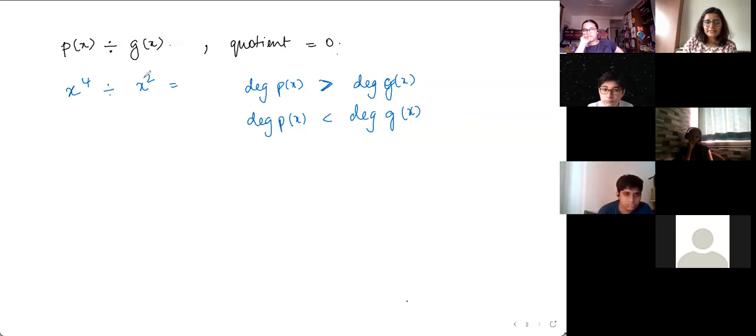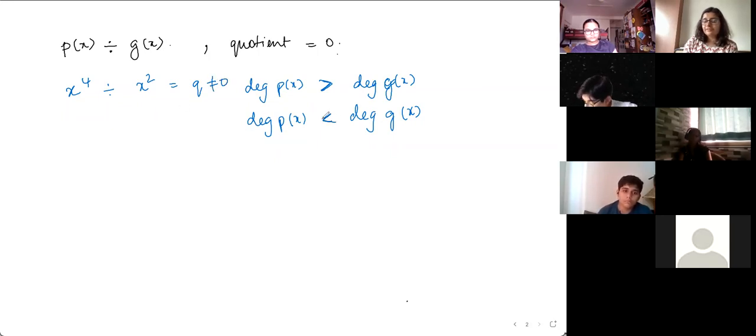No. As long as it's less than 4, even if it is equal to 4, you'll get something. If it is equal to 4, you'll get a number like 1, 2, 3. If it is less than 4, then you'll get x square, x, whatever it is, you're still able to divide it. Quotient is definitely not equal to 0.